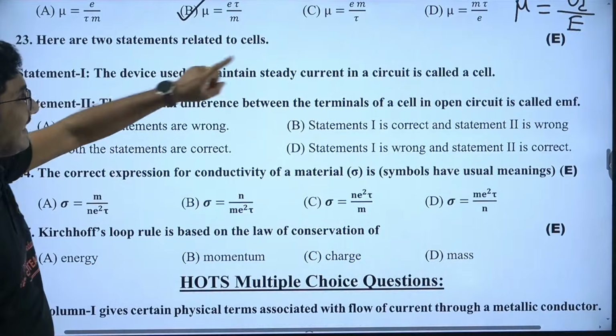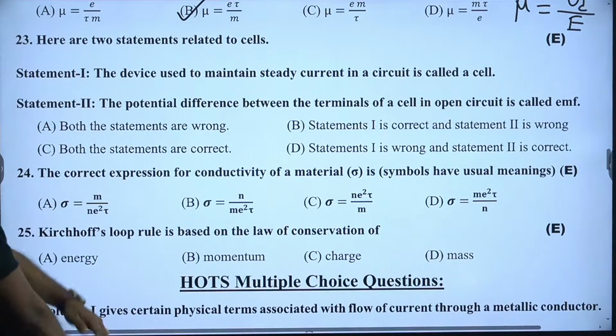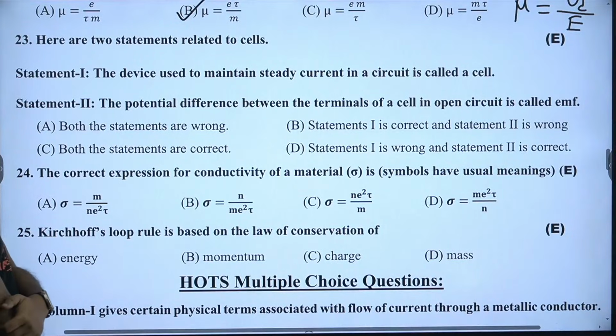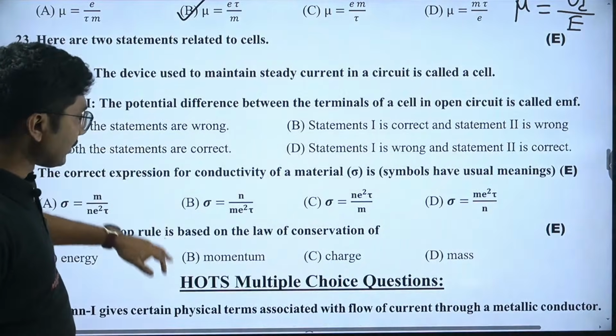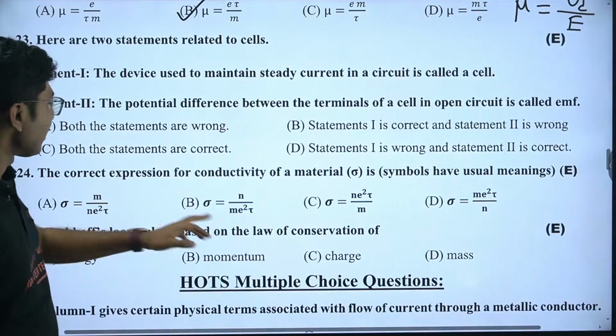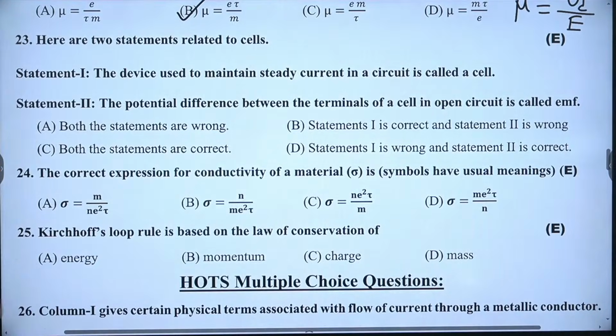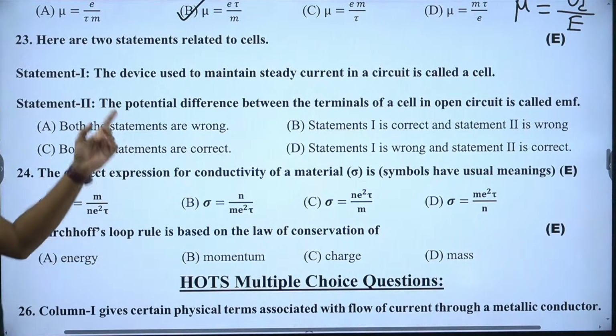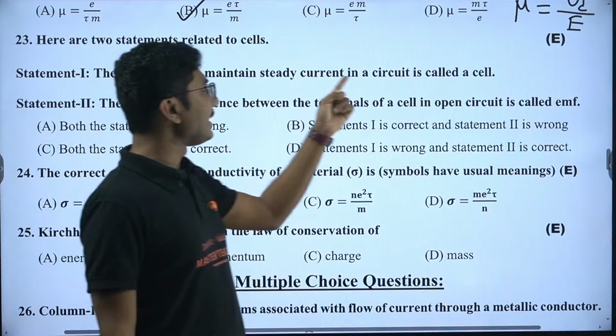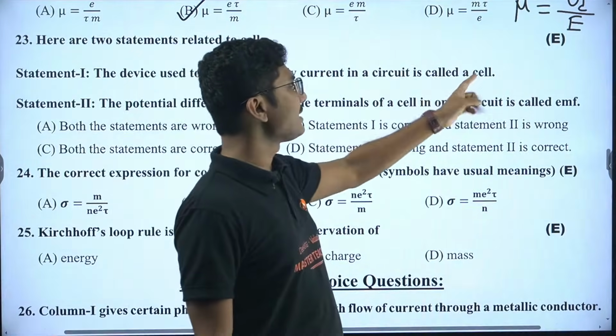So those who are saying D are wrong. Here are two statements related to cells. We are still in the easy category, boys. We will come to HOTS and multiple choice questions after the 25th is over. Statement 1: the device used to maintain steady current in a circuit is called a cell.